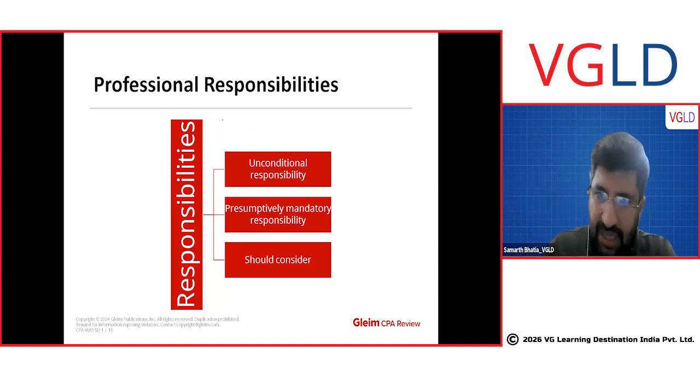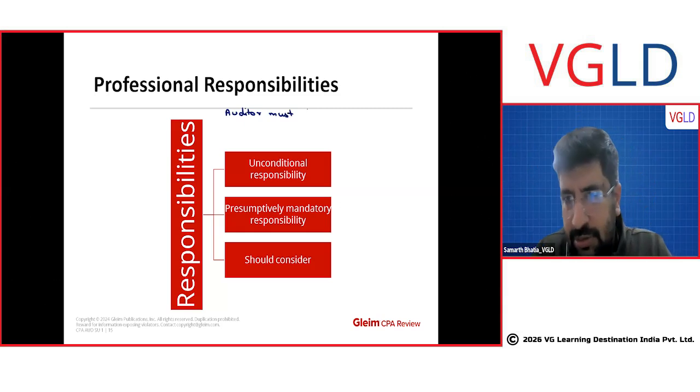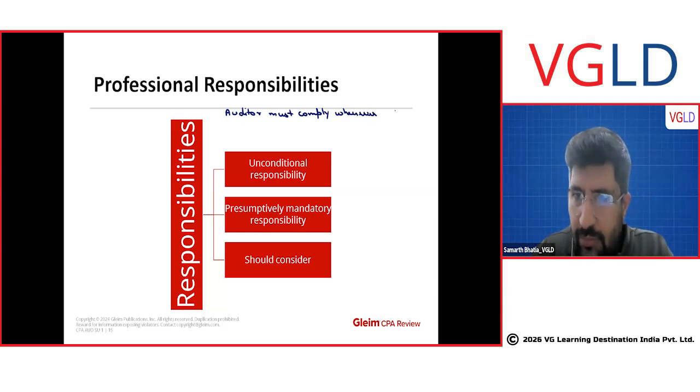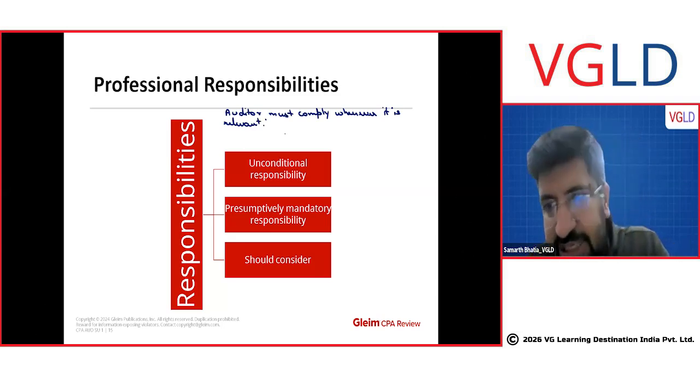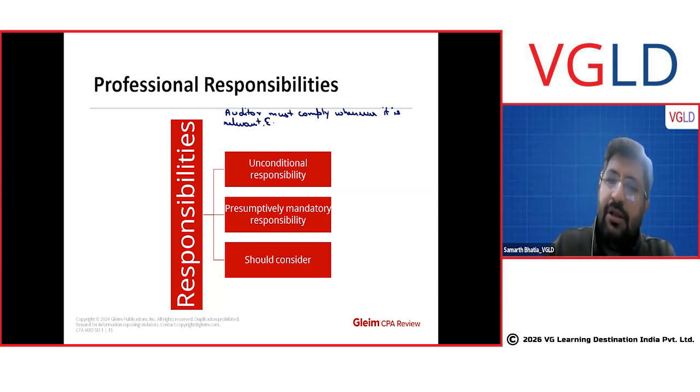So I would say the auditor must comply whenever it is relevant. For example, what are the unconditional responsibilities? For example, an auditor must be independent.